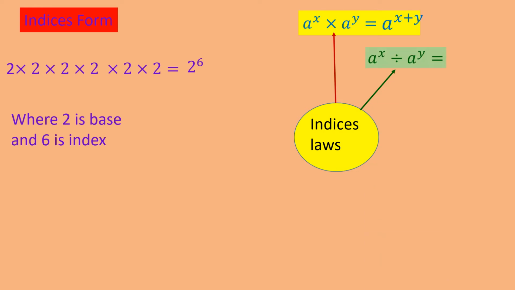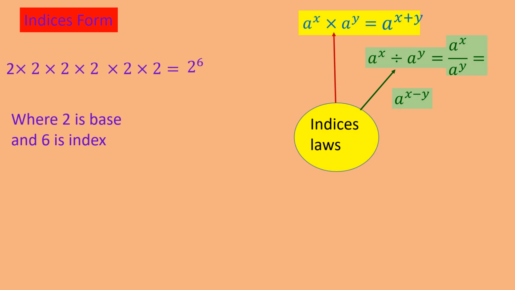Second one, a raised to x divided by a raised to y. That means the bases are the same with division sign, then the index gets subtracted. So a raised to x division sign a raised to y can be written as a raised to x upon a raised to y, which is a raised to x minus y.